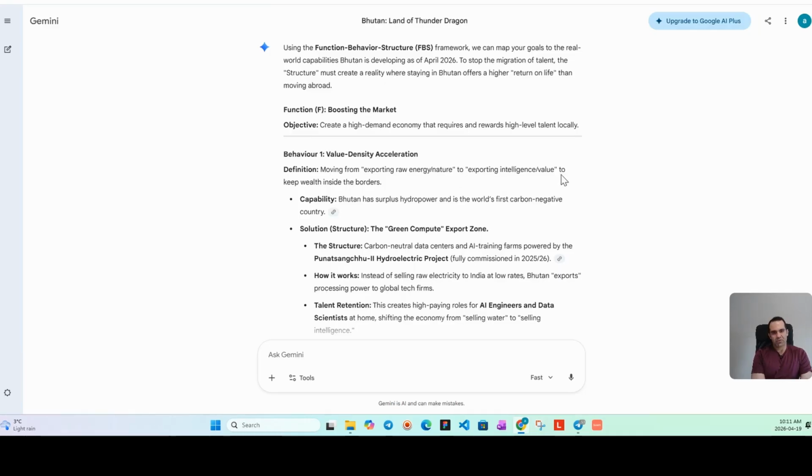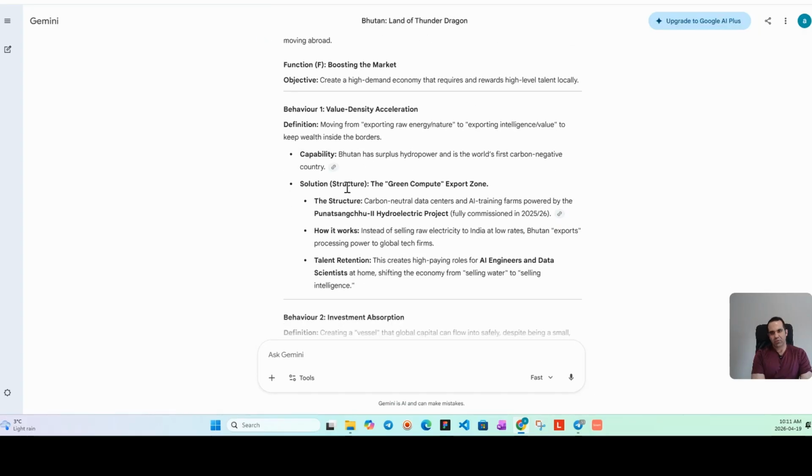Okay, exporting raw energy nature to keep wealth inside the borders. Capabilities, Bhutan has surplus hydropower and is the world's first carbon negative country. Solution or structure, the green compute export zone, carbon neutral data centers, data centers, and AI training farms powered by this and this. How it works: instead of selling raw electricity to India at low rates, Bhutan exports processing power to global tech firms. Mhm.